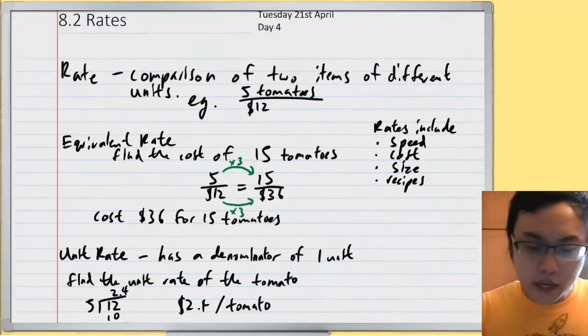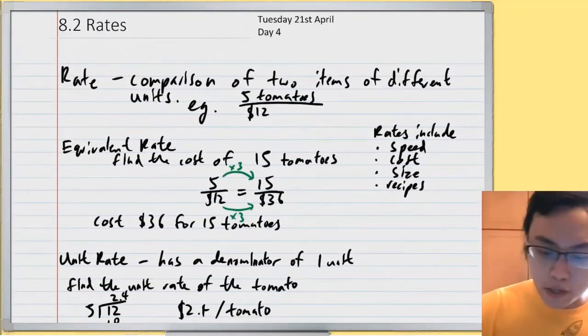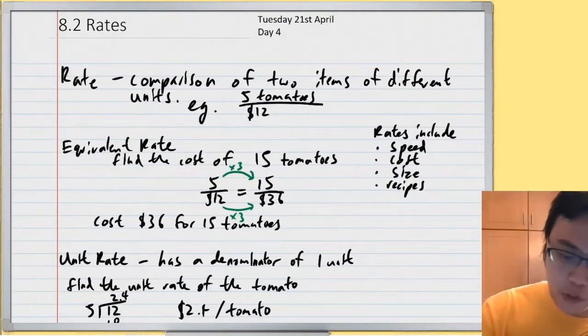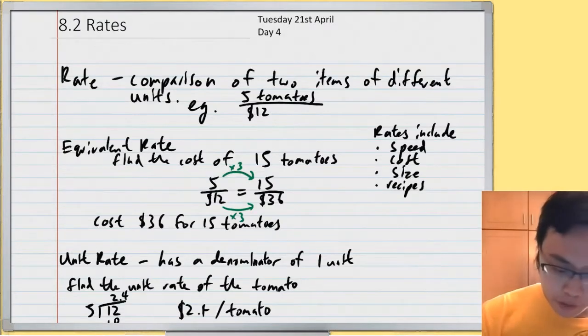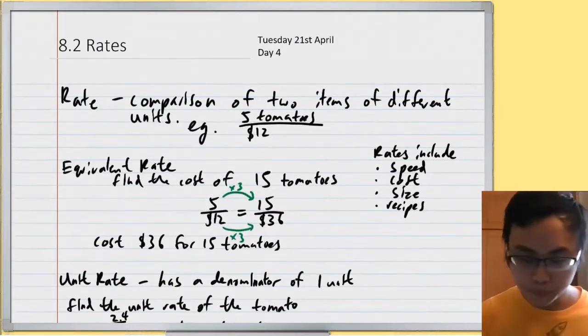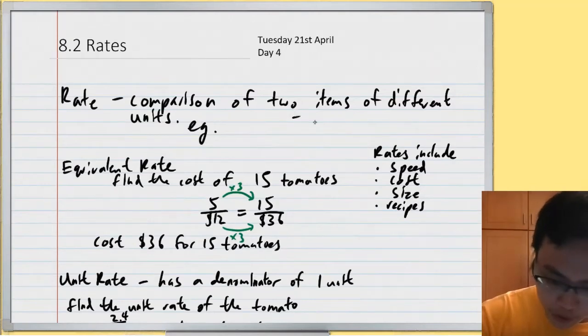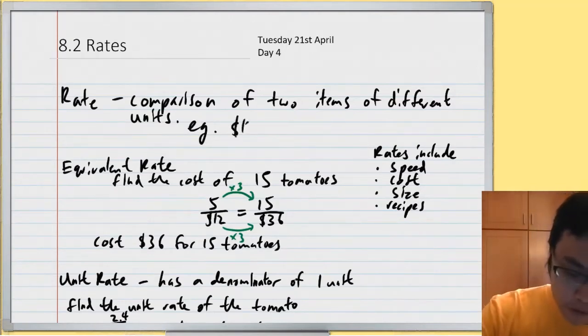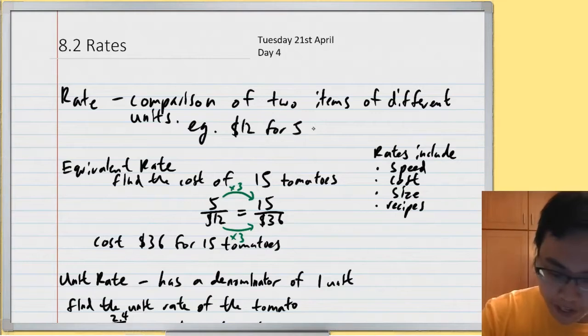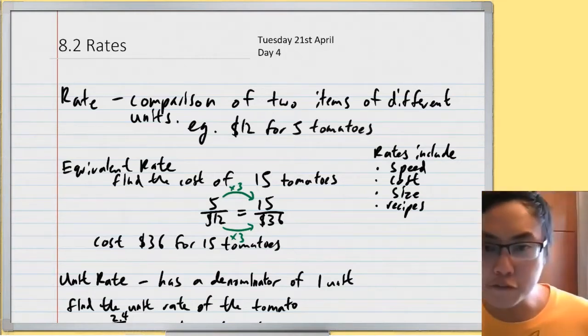I should actually write my rate here as $12 for 5 tomatoes instead of 5 tomatoes for $12. So let me just quickly rewrite that. Sorry for confusing you.